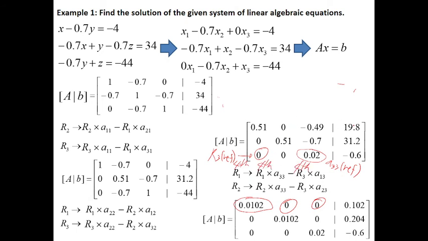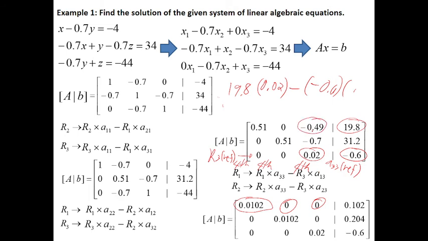We have R1 fourth element, 19.8, times A33, 0.02, minus R3 fourth element, negative 0.6, multiplied by A13, negative 0.49.